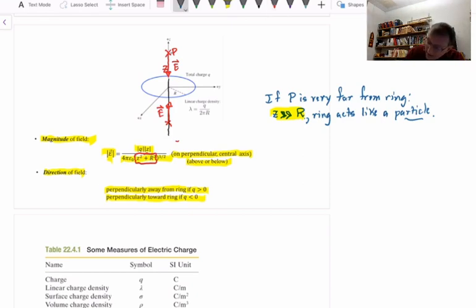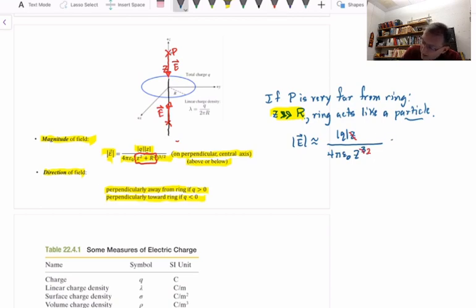All right, what does the E become in that case? Technically, it's an approximation. Magnitude Q, let's just assume z is above, so z is positive, times z, that's the numerator, over 4 pi epsilon 0. Now I had z squared plus R squared all to the 3/2. That's now just z squared to the 3/2, but that's z cubed. But I have a z upstairs and a z cubed downstairs.